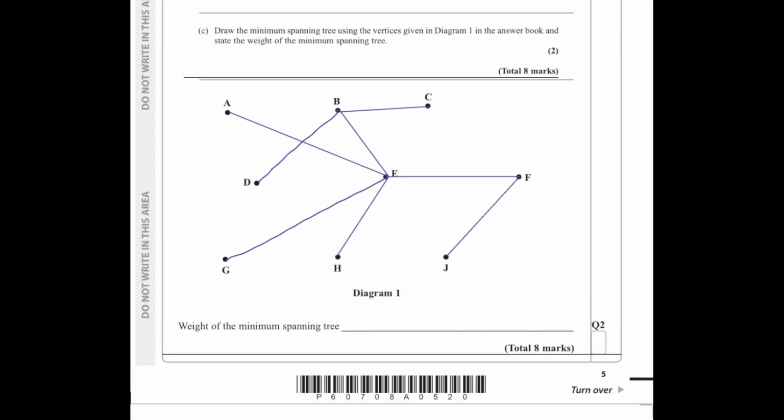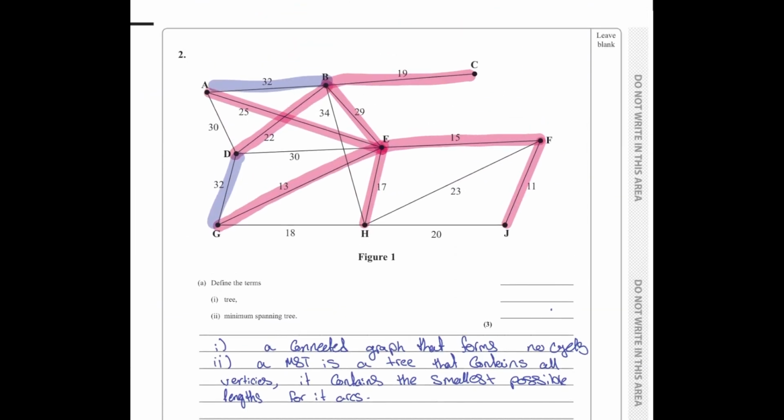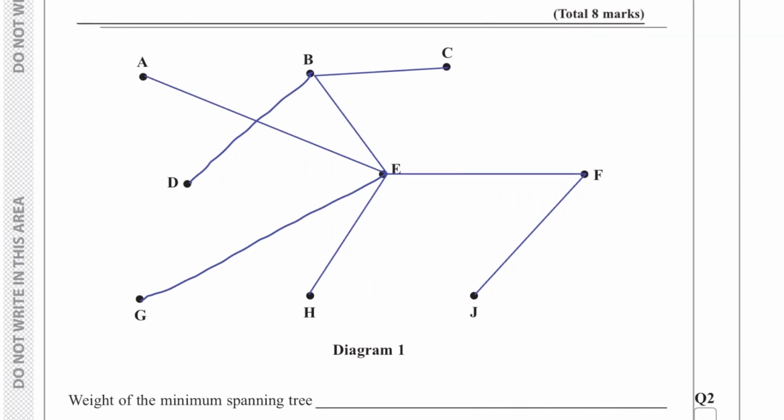So this is the minimum spanning tree, and now we're just going to add the weights again. I'm going to write down the weights here. This one was an 11. EF was I think 15. EG, what was it?